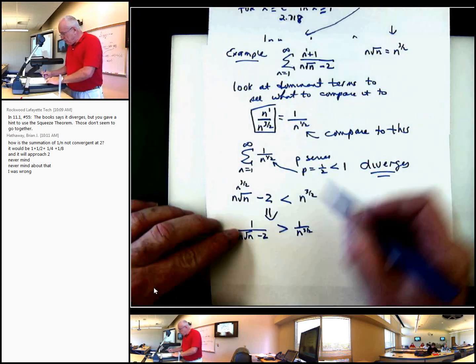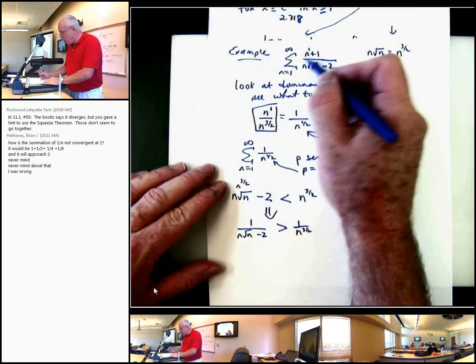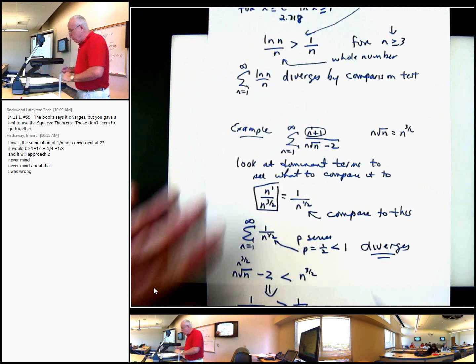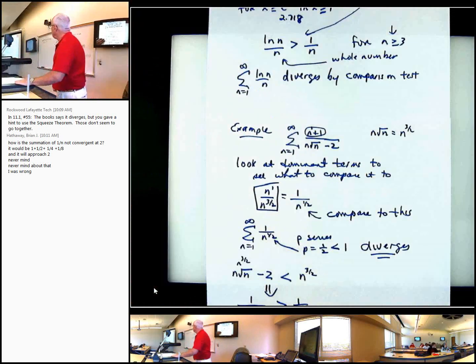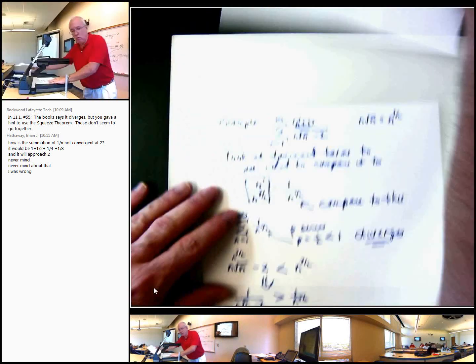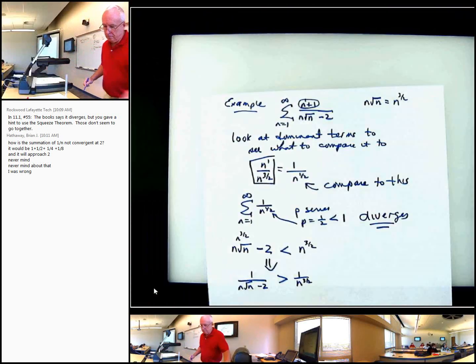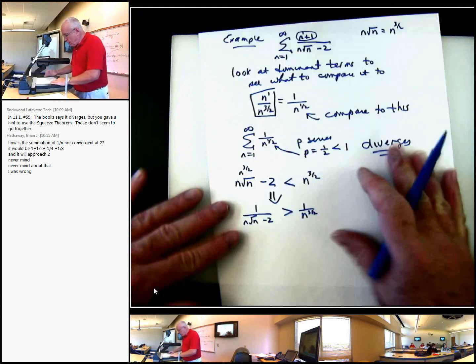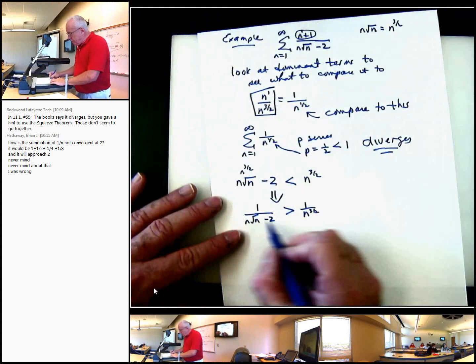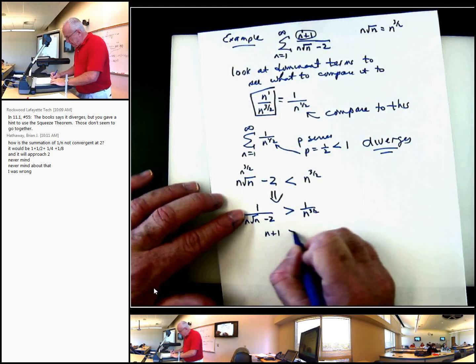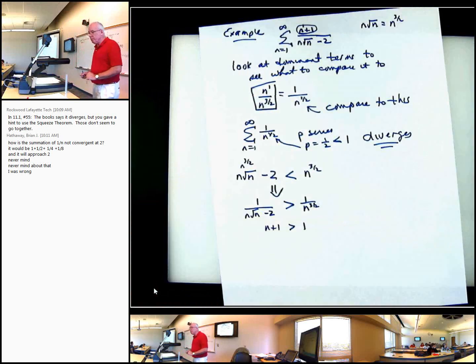However, what do we have in our original numerator? Our original numerator up there is n plus 1. So n plus 1 is certainly bigger than n.